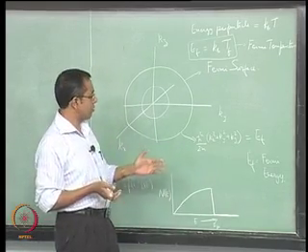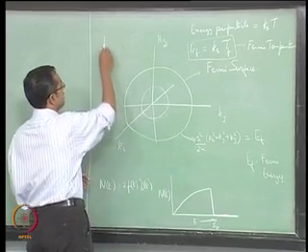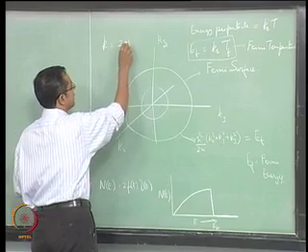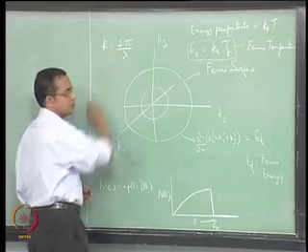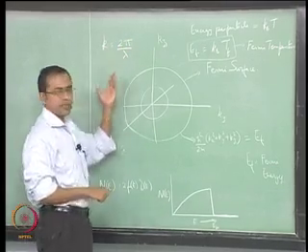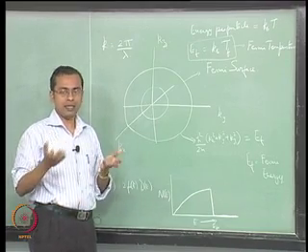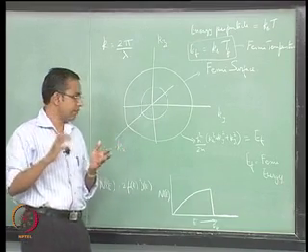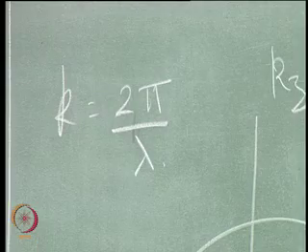So k is simply 2 pi by lambda, right. What is this lambda? This lambda is a wavelength, okay. So it is the wavelength that we are associating with an electron, right.